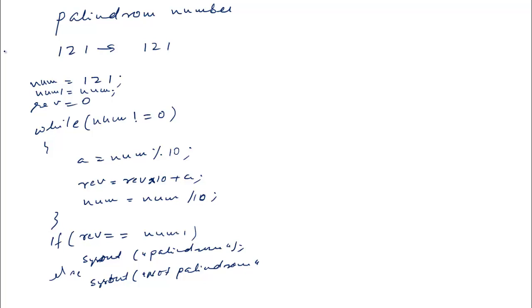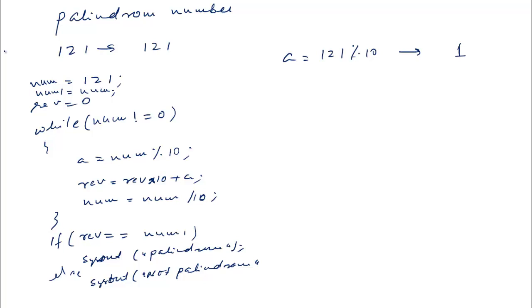First of all, when I divide this num percentage 10, that means here 121. See guys carefully, once again. So when I do this, here you see the percentage sign. 121 percentage 10 will give me 1. Is that clear?